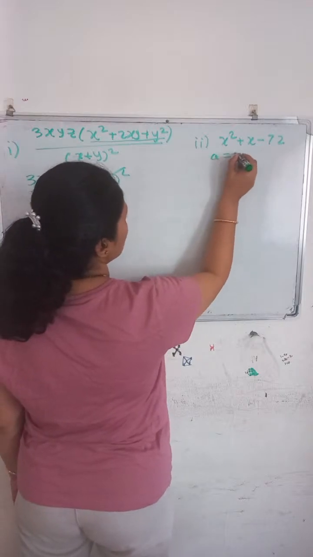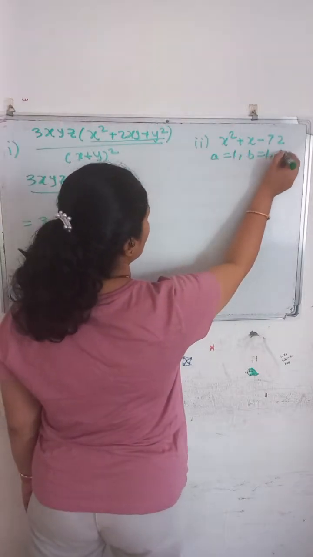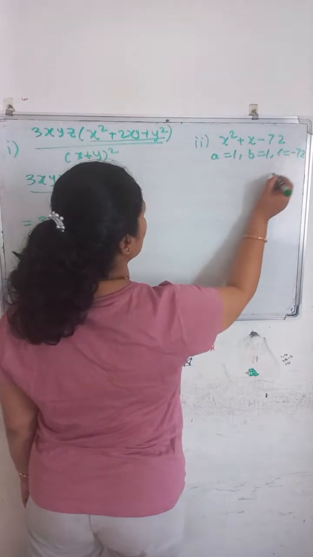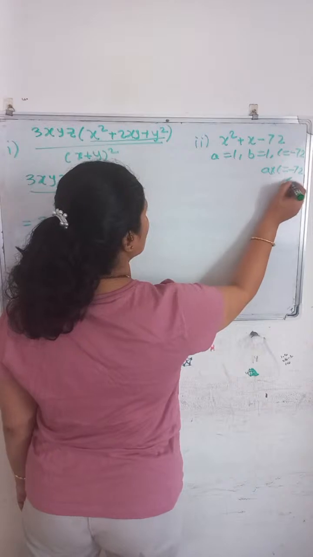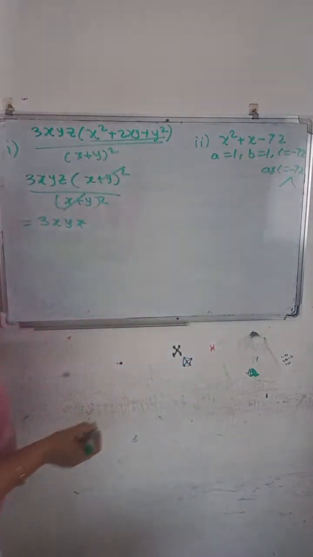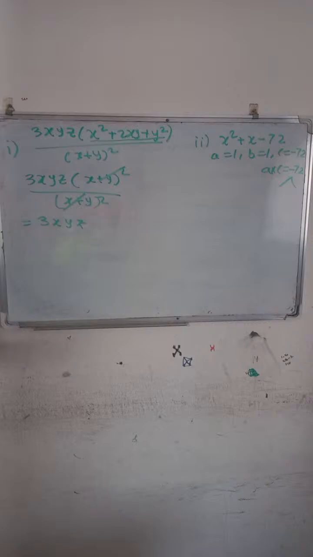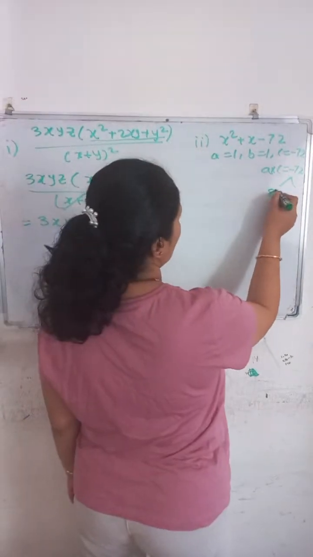Now here you have to split the middle term. So here a is 1, b is 1, c is minus 72. So a into c is minus 72. You have to factor 72 in such a way that the sum comes to 1. 8 nines are 72. I will write here 8 and 9.